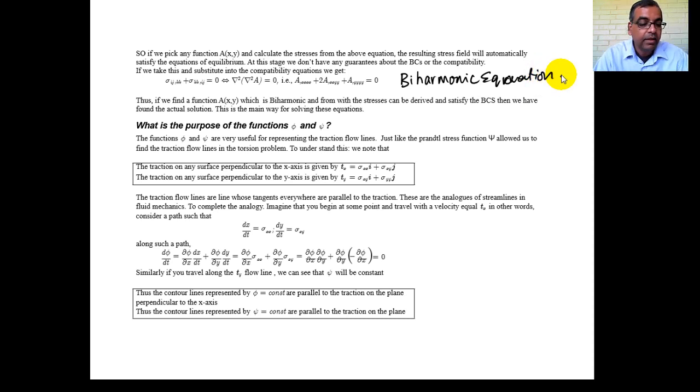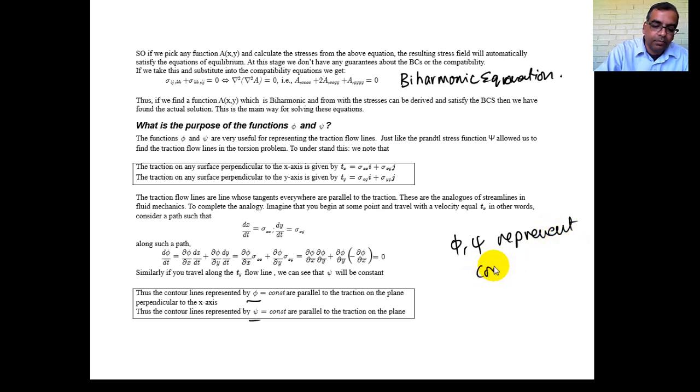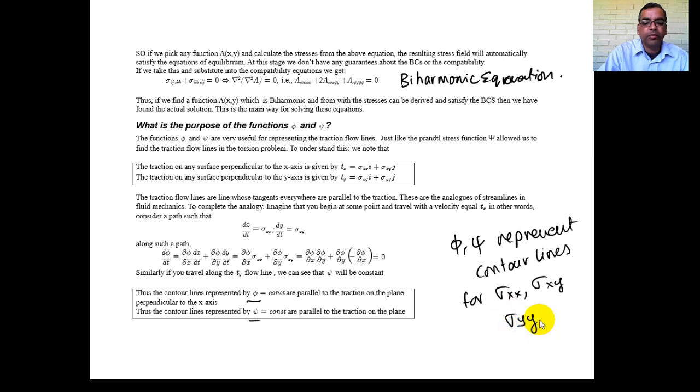So the interesting thing is, just like the Prandtl stress function, the functions phi and psi represent contour lines for sigma xx, sigma xy, sigma yy, just like the previous case, and the gradient of this psi will again tell you the max, the sigma xx plus sigma xy squared and all this stuff, just like with the Prandtl stress function.